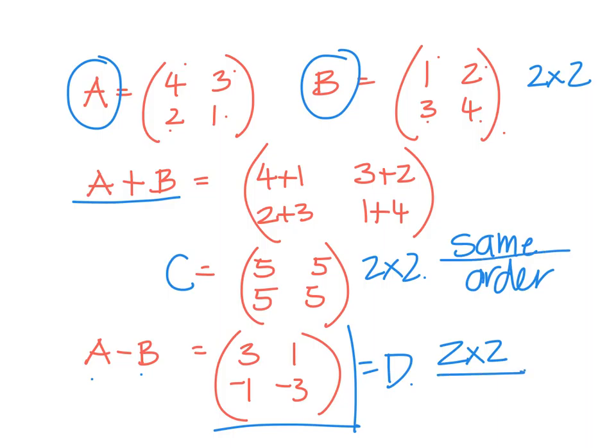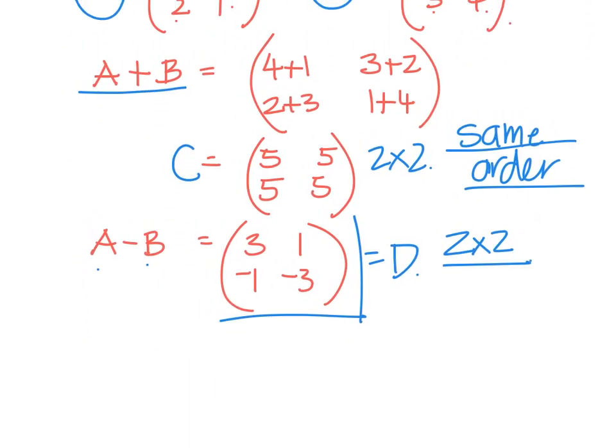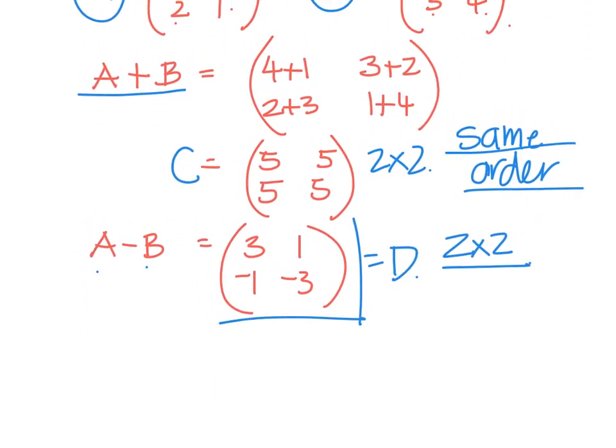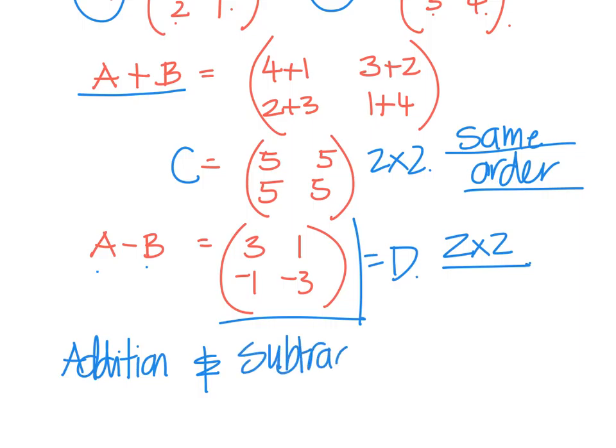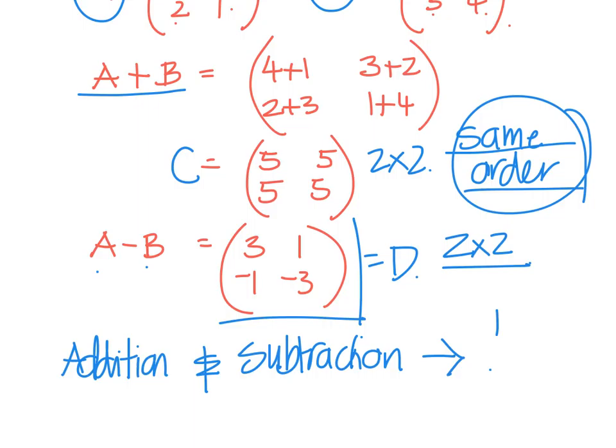All of the same order. So when you are talking about addition and subtraction, you need to be remembering that the matrices must be of the same order. Very important stuff. Okay, very good.